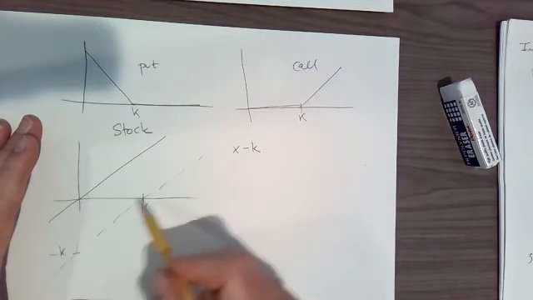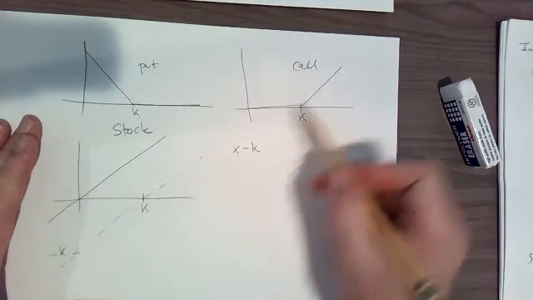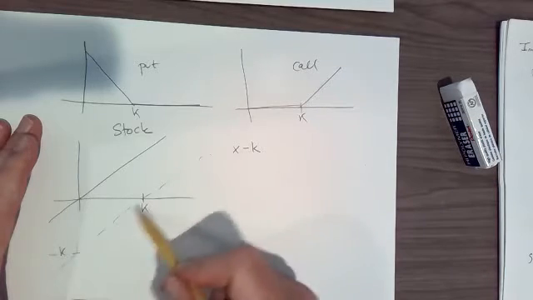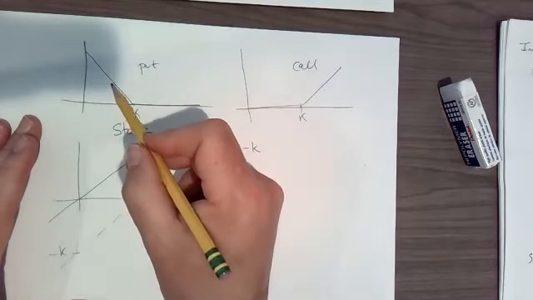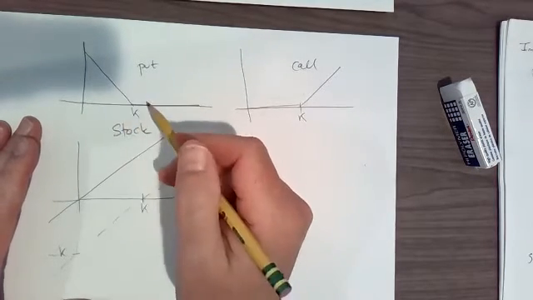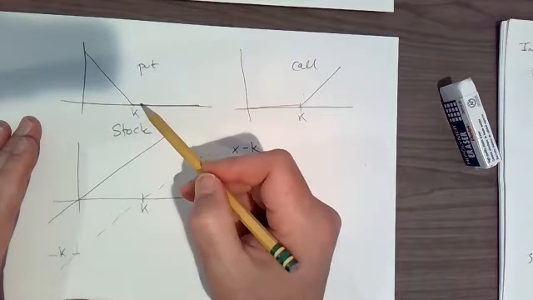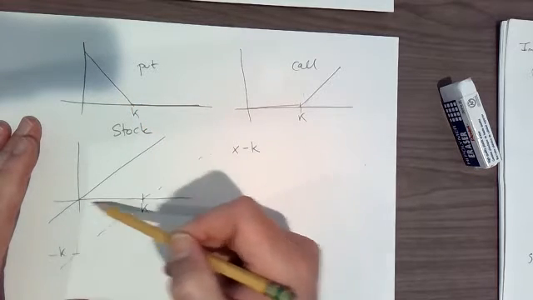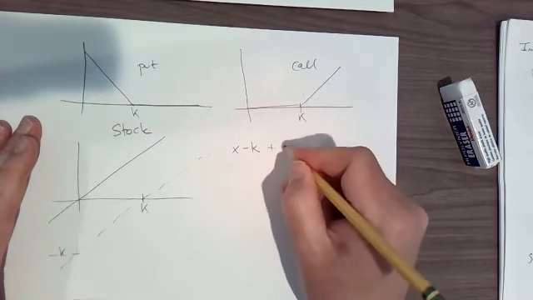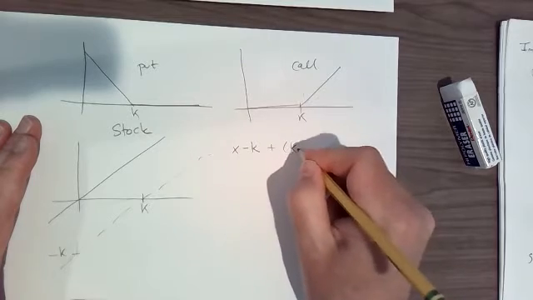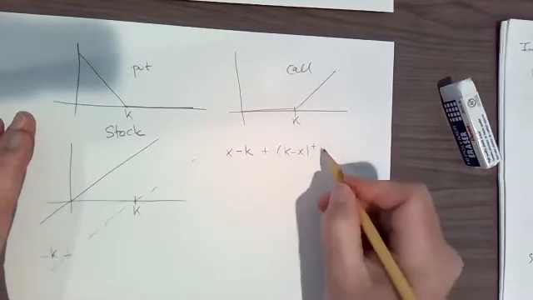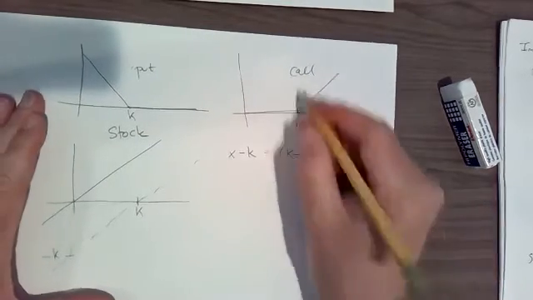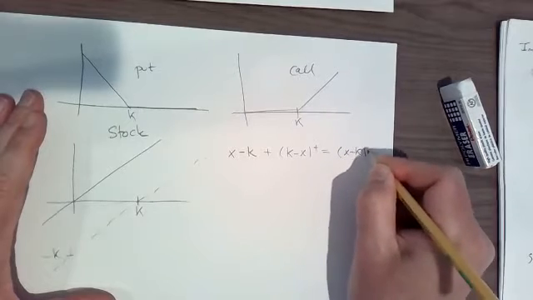And then what? Then this part out here on the right is good. But I have a problem in here. So what I need to do is add a put. Because if I take a put here and add it together with this one, I'm going to get a flat line here. So I need this thing plus, and then the put is k minus x plus. If I do that, I should get the call, which is x minus k plus.